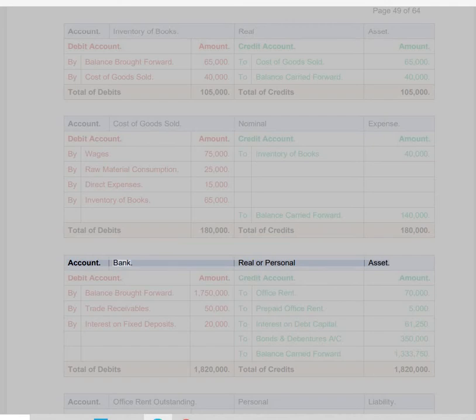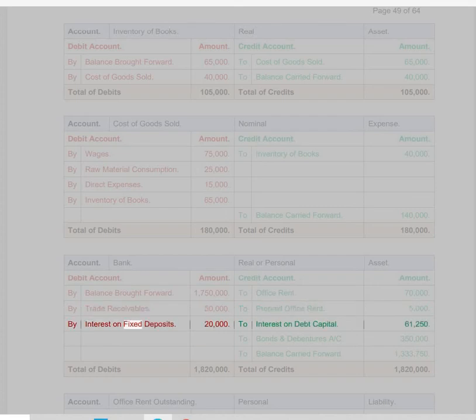Account: Bank. Real or personal asset. Debit account, amount, credit account, amount. By balance brought forward, 1,750,000. To office rent, 70,000. By trade receivables, 50,000. To prepaid office rent, 5,000.